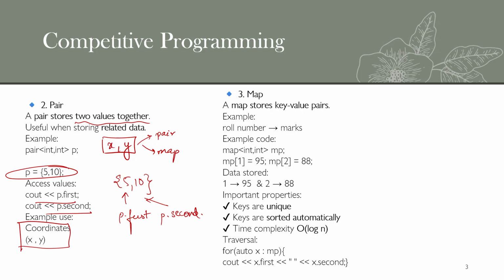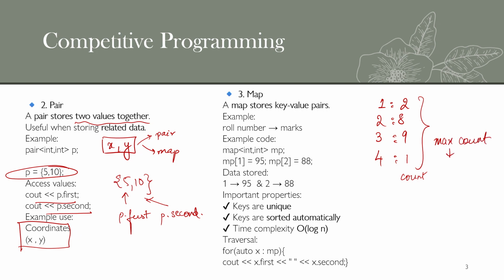Now let's see map. A map stores key-value pairs. Like number 1 has 2 occurrences, number 2 has 8 occurrences, number 3 has 9 occurrences, number 4 has 1 occurrence. Now, when you have to compute the maximum count, max count is for which element?